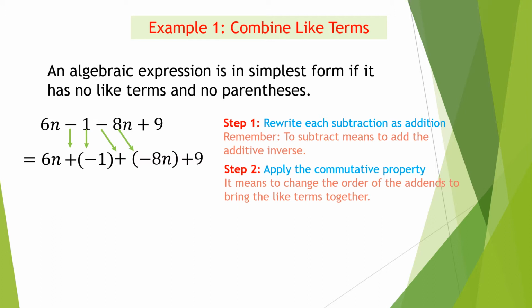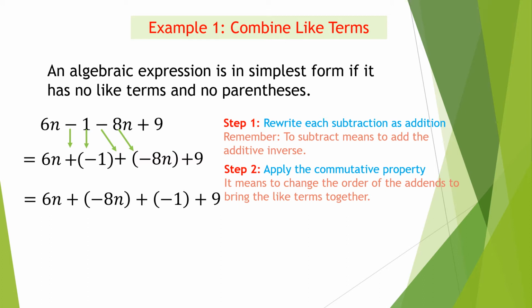It means to change the order of the addends to bring the like terms together. 6n plus negative 8n plus negative 1 plus 9. So what did we do here?